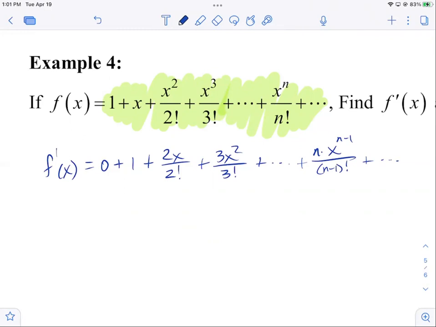That's another nice advantage to having the nth term there before you take the derivative. You can take the derivative of the nth term to get the pattern of what the derivative will be. Okay, now let's simplify. F prime of x is 1 plus x over 1 factorial, or just x, plus 3 over 3 factorial is 2 factorial, so x squared over 2 factorial.